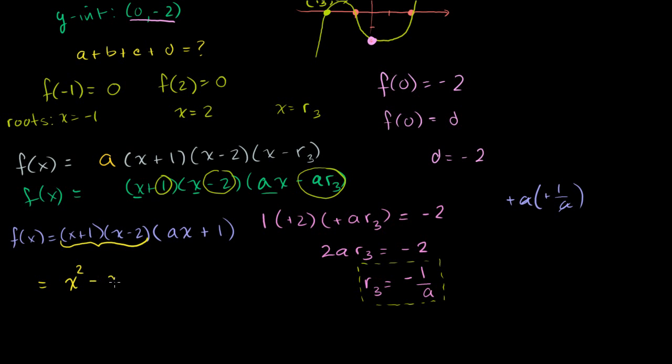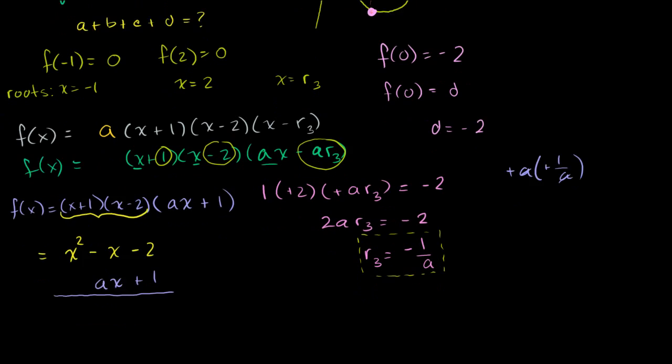So that's minus x, right? 1 times x is x, minus 2 times x is minus 2x, so it's minus x. And then minus 2. I just multiplied these two binomials out. Then I'm going to have to multiply that times ax plus 1. So I'll write the ax plus 1 down here just to save space.